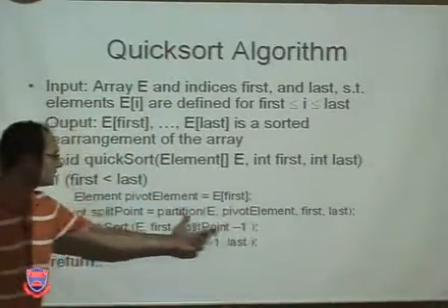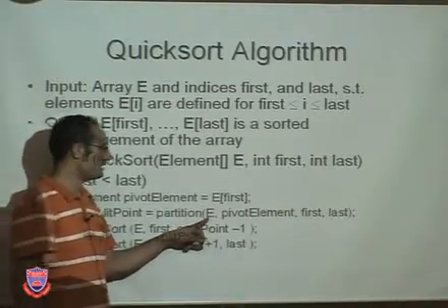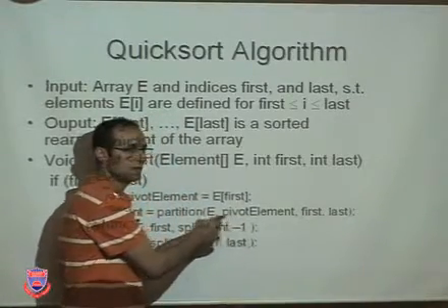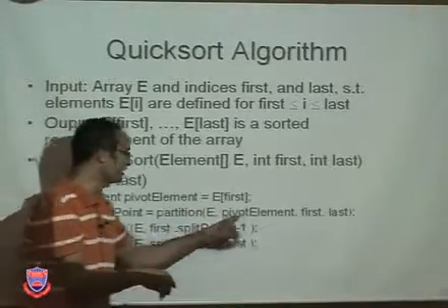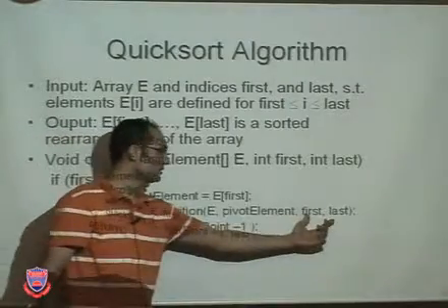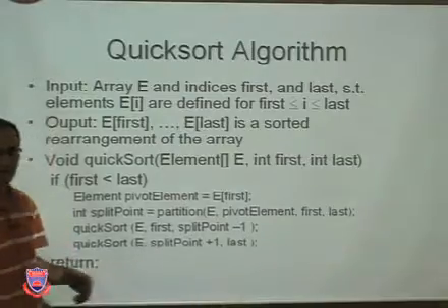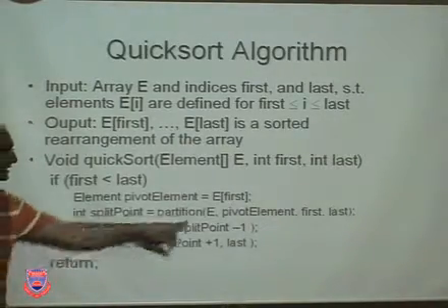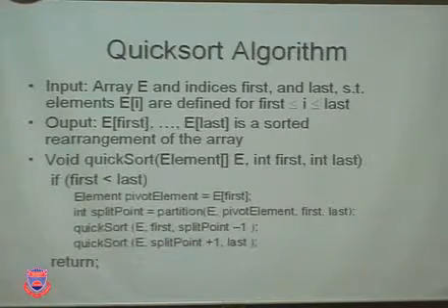So this partition method is given the array, and then the first and last entry, and then the pivot element. I'd like to rearrange things in this array such that my pivot element is in its final position, within the first and last indices given with these arguments. At the same time, this method returns an integer value which indicates where the pivot element is going to be in the final case.